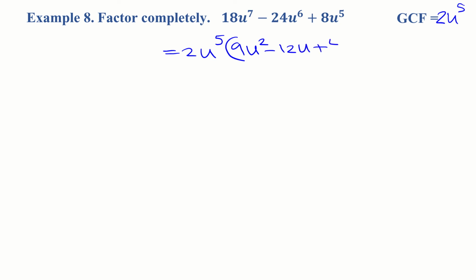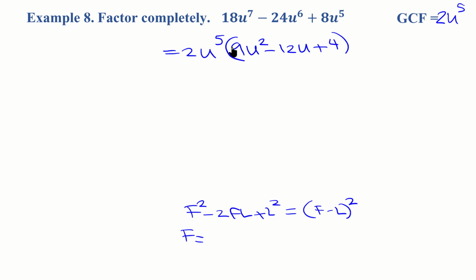plus 4. So now we have a trinomial, and it looks like the first term of that trinomial is a perfect square and the last term is. Since the middle term is minus, we know this is going to be of the f squared minus 2fl plus l squared variety, which gives us f minus l squared. So the candidate for f in this case is going to be what you need to square to get 9u squared.